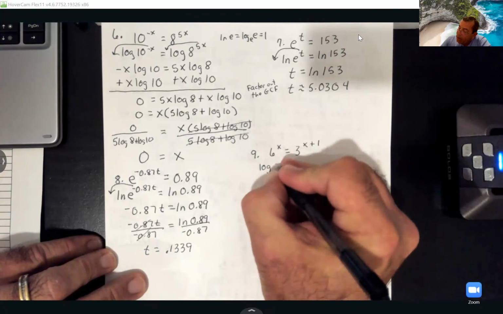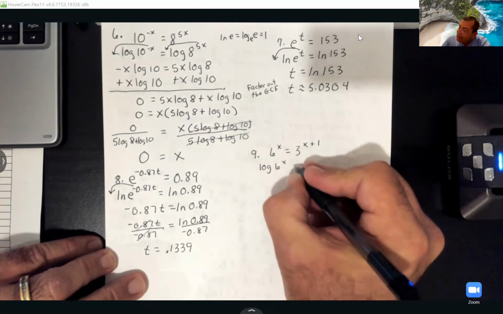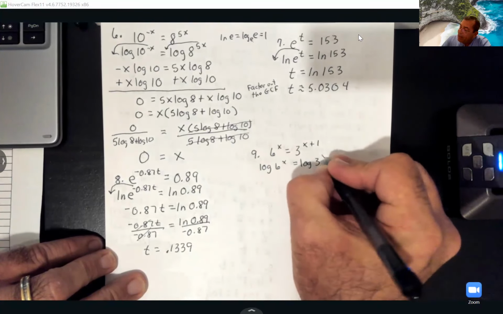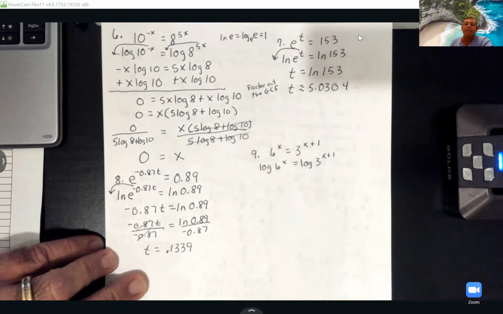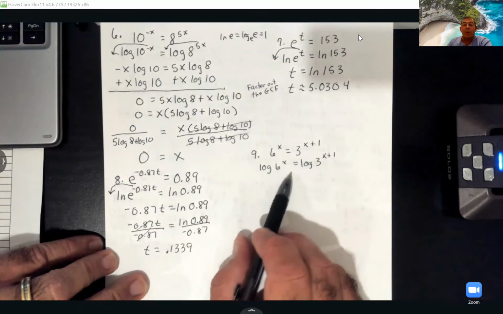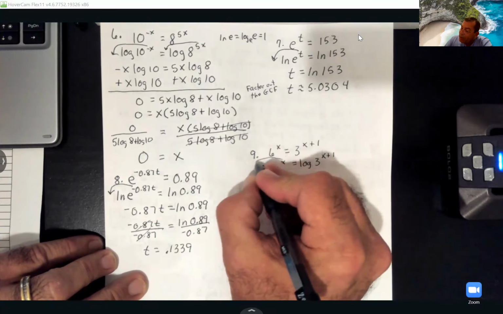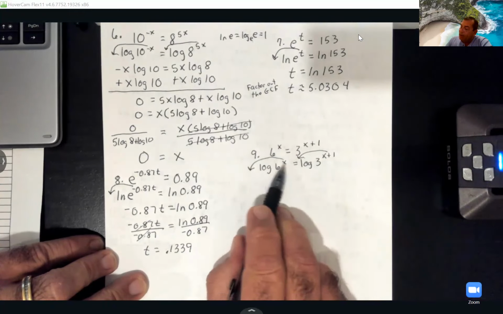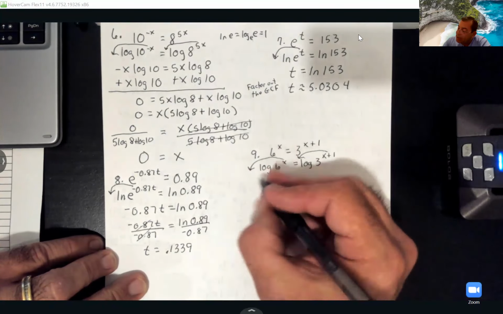So y'all, log 6 to the x equals log of 3 to the x plus 1. All right, so we did that so we could bring these exponents down. And I got exponents on both sides here. So this one will give me an x times log 6.